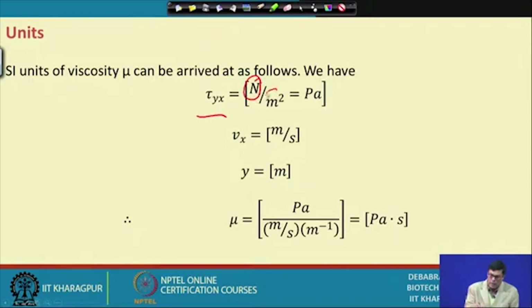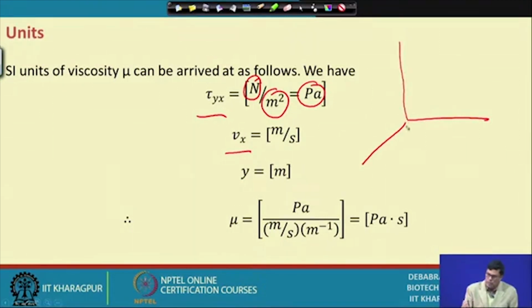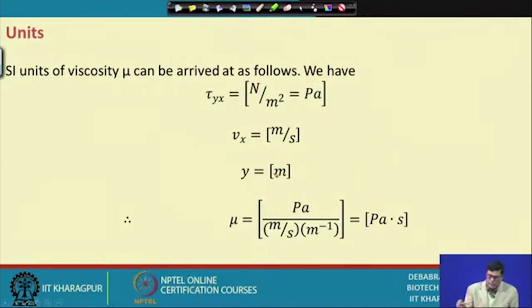Now shear stress, I told you, is nothing but Newton per unit surface area. This is Pascal, and this is the velocity. Vx is the direction, because if you look at the direction of flow, maybe this is x, this might be y, or this might be z. The different directions it can move. So this is the x direction.